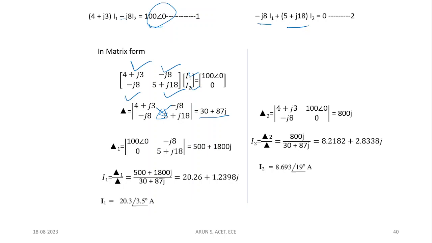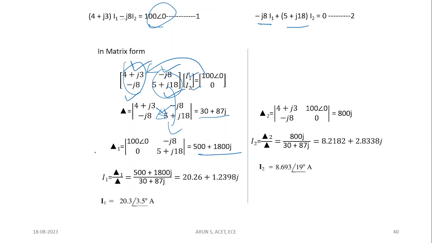Next, del 1. This column will be replaced by the right hand side values, 100 angle 0 and 0, and the other column is taken as it is. So 100 angle 0 will be multiplied with 5 plus J18, minus 0, and we get 500 plus 1800J.